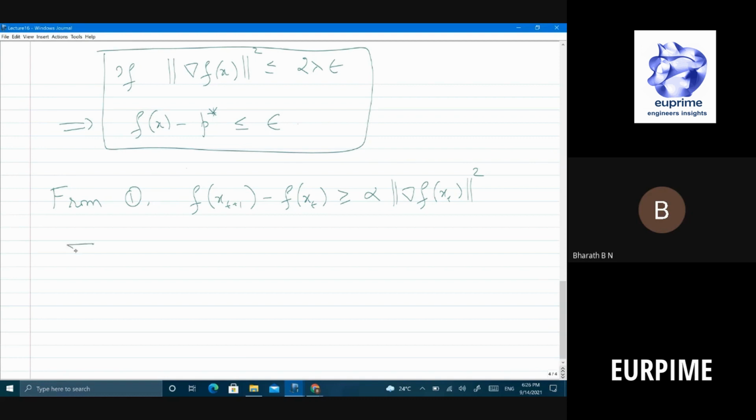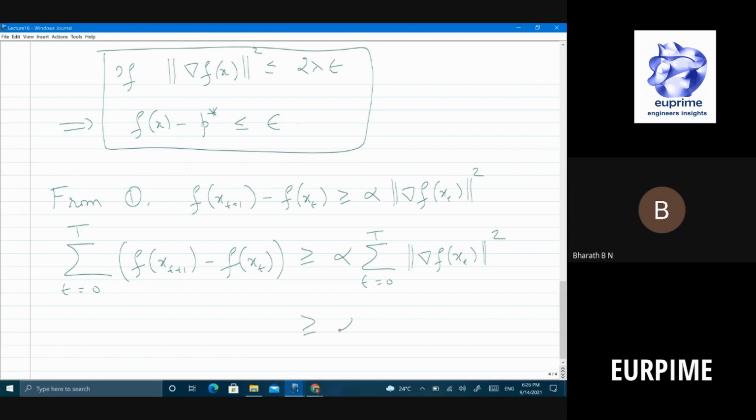Okay, so summation t equal to 0 to capital T, f of x_{t+1} minus f of x_t is greater than or equal to alpha times summation t equal to 0 to capital T, the gradient of... okay, fine.